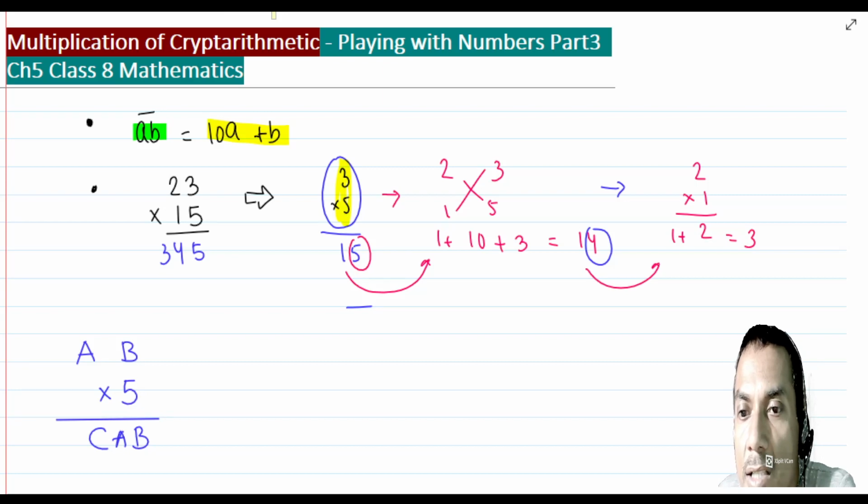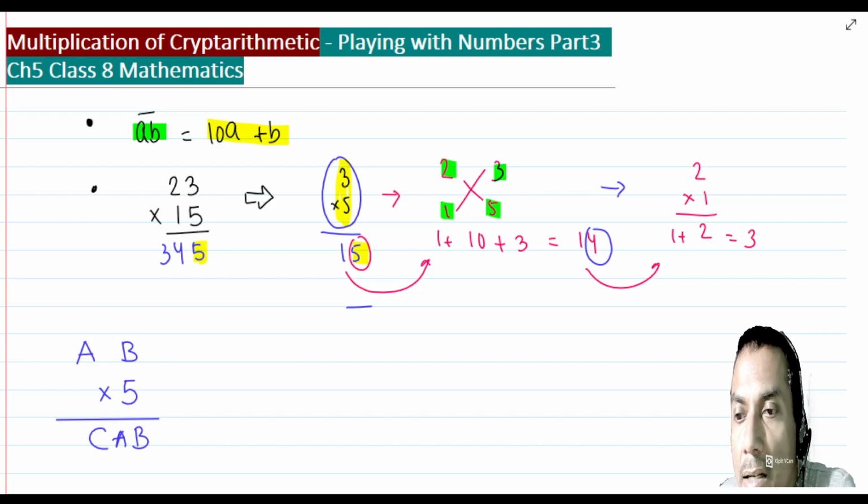rightmost column, that is 3 and 5. We multiply them, and whatever units place digit we get, we transfer it here. Clear? And 1 is carried forward to the next step. The next step is the cross multiplication: 2 into 5 with 1 into 3.